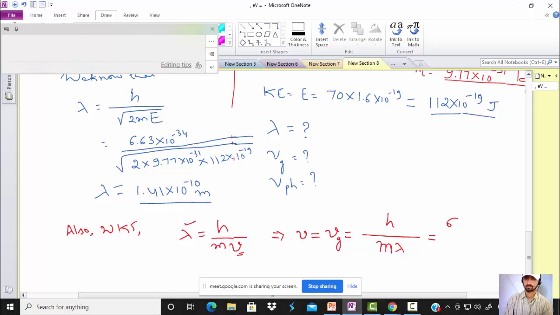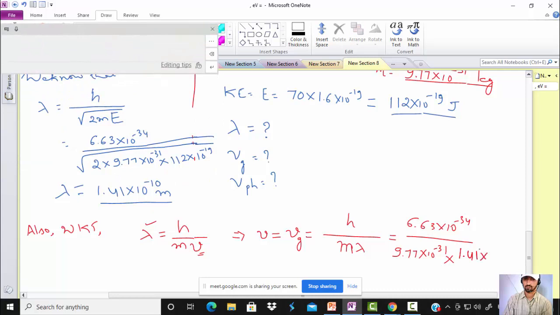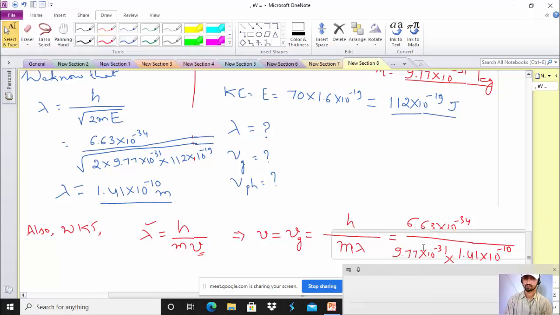The h value is 6.63 into 10 power minus 34, divided by the m value you have, 9.77 into 10 power minus 31. The lambda also you found. You substitute the value of the lambda, that is 1.41 into 10 power minus 10. Okay, fine. Now calculate the V.